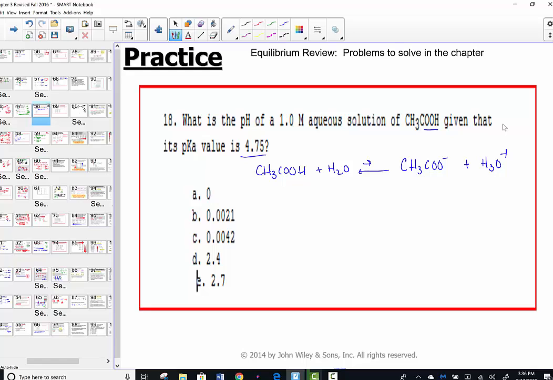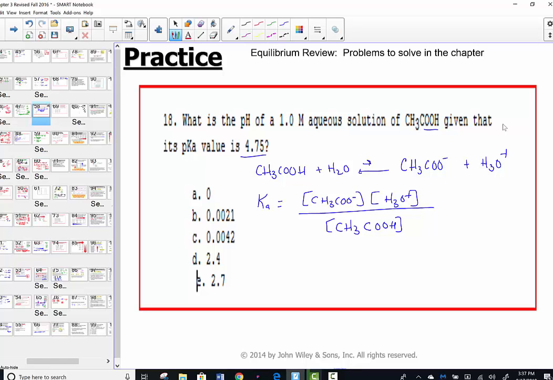The Ka is the expression of the concentration of the conjugate base, CH3COO negative, times the concentration of hydronium, H3O plus, set over the molecular concentration, CH3COOH. That's the expression known as Ka.